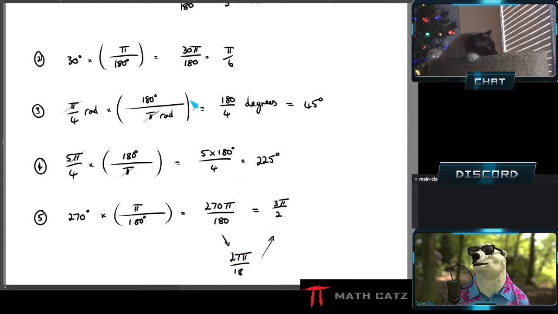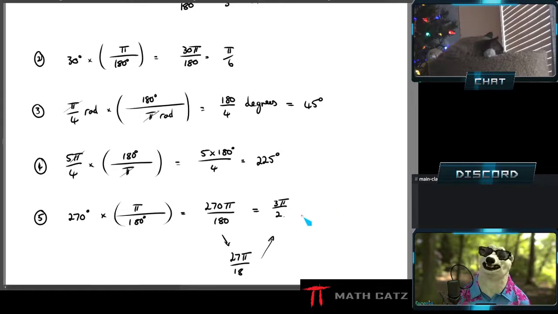The 7 is attached to the pi. And then maybe I divide both by 9 to eventually get 3 pi over 2. So it has to be in simplest form. Simplify the fraction, but leave it exact. So these are a little bit less common and therefore a little bit more difficult. You get used to them slower, but the method does not change.